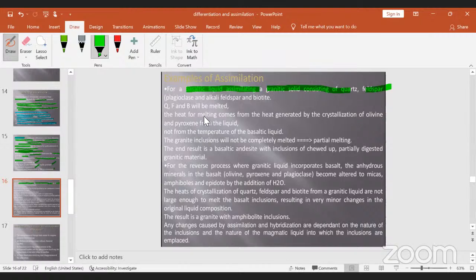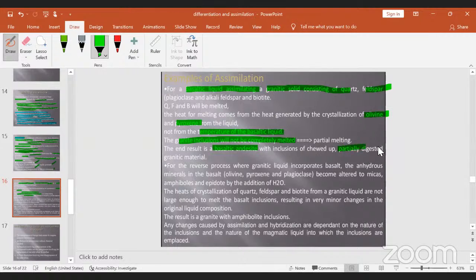The heat for melting comes from the heat generated by the crystallization of olivine and pyroxene from the liquid, not from the temperature of the basaltic liquid. So only heat generated by the crystallization. So these granite inclusions will not be completely melted. That is called partial melting, and the result is a basaltic andesite with inclusions of partially digested granitic material.